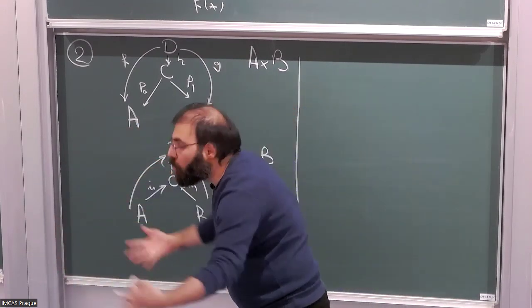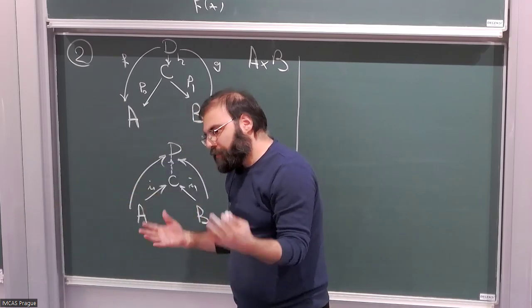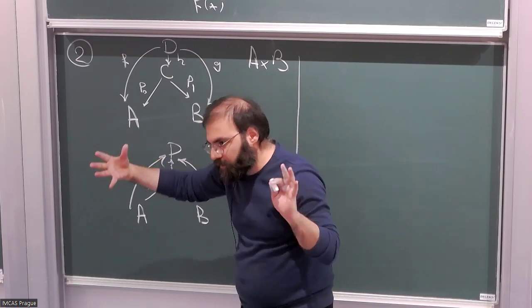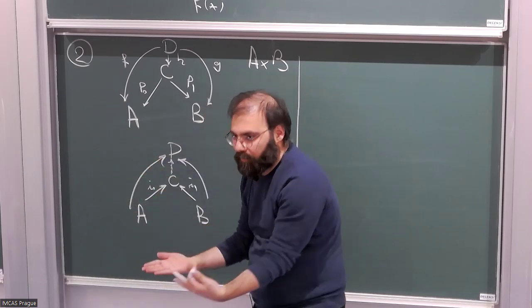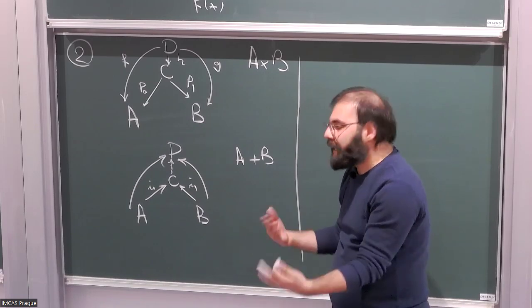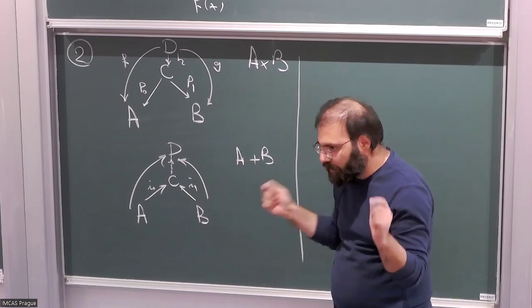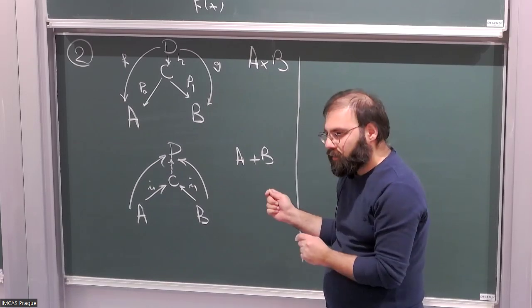So everything goes there, right? In that sense it is the biggest, not in the sense of size, but in the sense of the order, if you like. But again, of course, the unique morphism is also important. So I'm using the language.